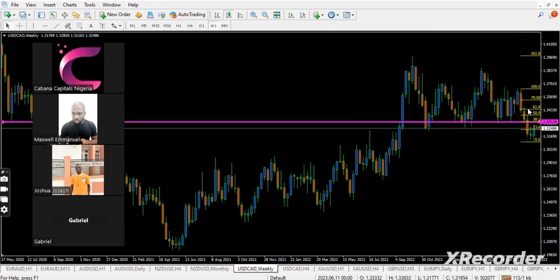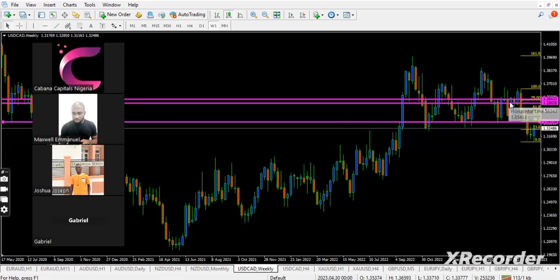At 79, there is a resistance level here. We have resistance and support at that level. You can see this is a resistance, and also we have a support here. So this is a key level. This level is more important than 61.8 or 50.0.